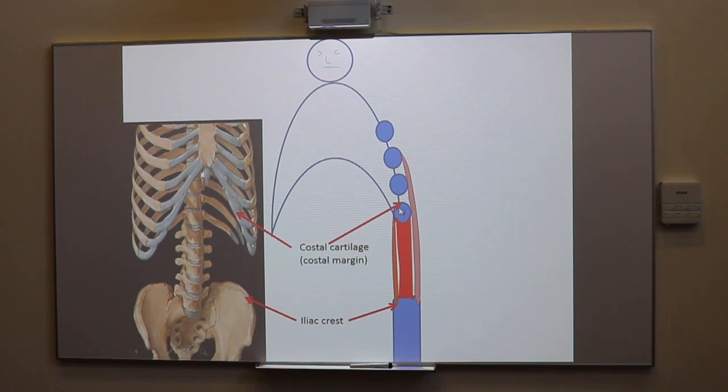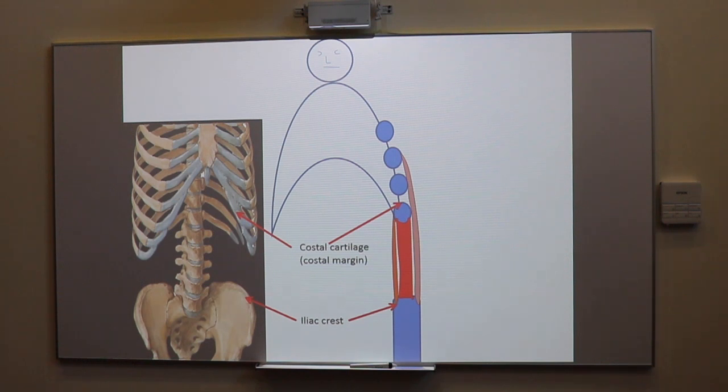Here is the costal margin, but I have it in a coronal section to show that the master muscle of the anterior abdominal wall, which is internal oblique, is attached to its margin. This is the margin, and the internal oblique is attached to it exactly like this.